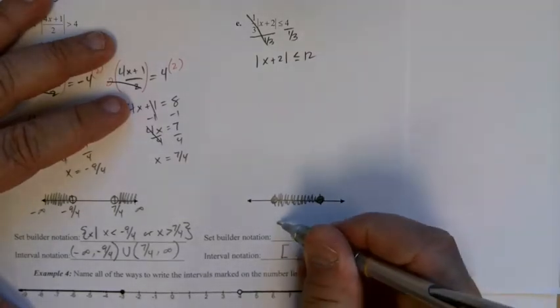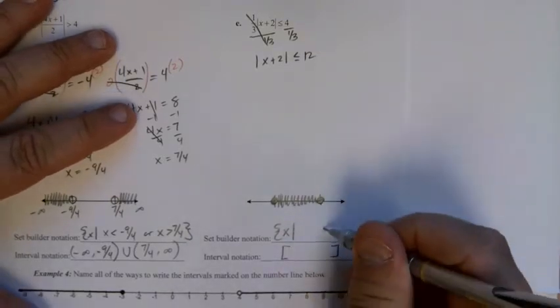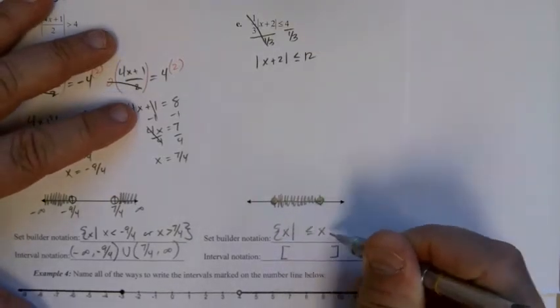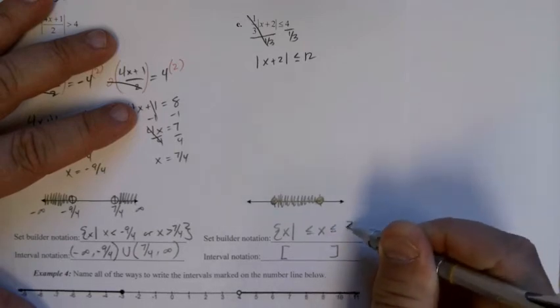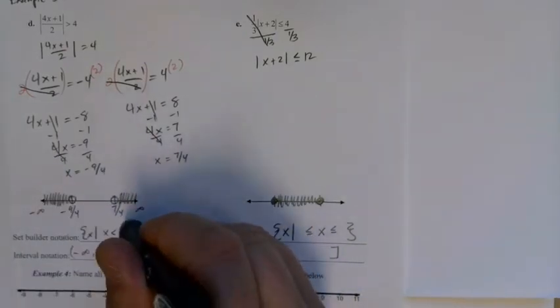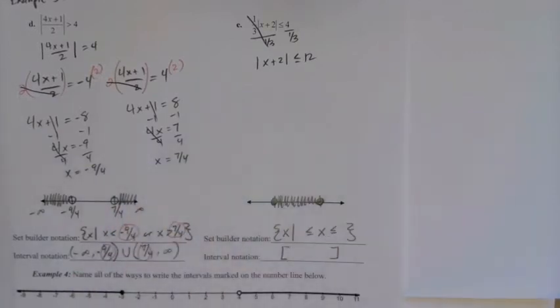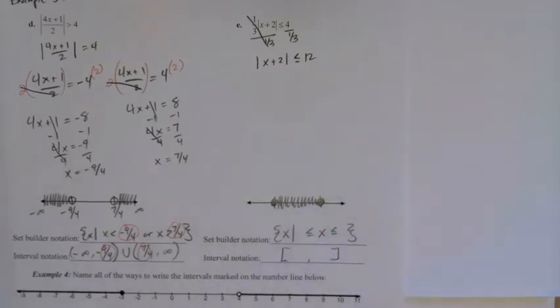In set builder notation, x such that it's going to be x is in between, and I just got to come up with these two numbers. Really, guys, when it's a greater than, you're just finding these two numbers. When it's a less than, you're just finding these two numbers, and you're filling in the blanks. These are very, very predictable.